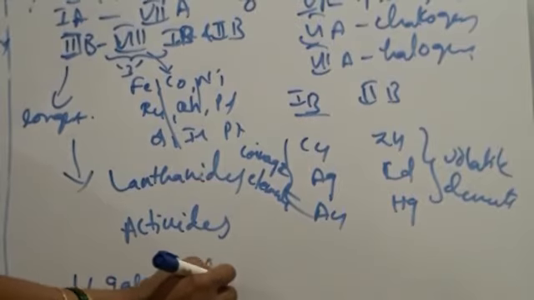The modern periodic table contains 11 gaseous elements. The 0 group elements are helium, neon, argon, krypton, xenon, radon, so total 6.